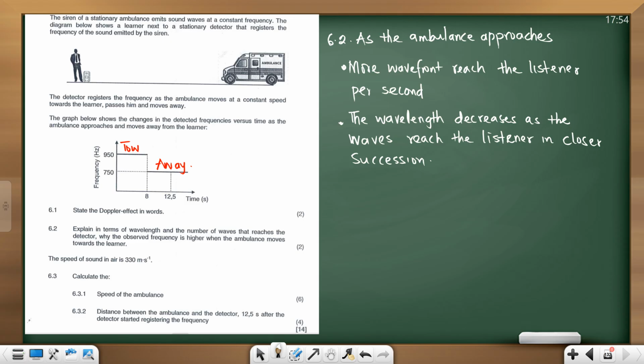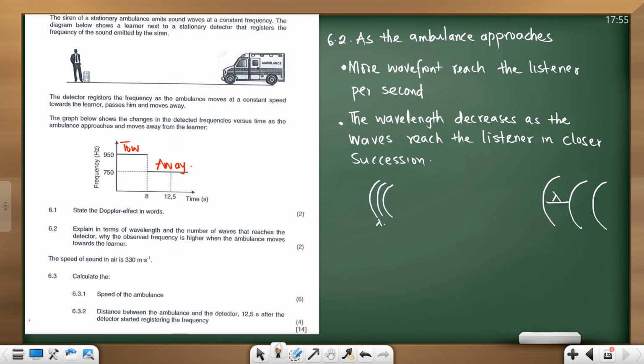So the waves are compressed. The waves coming are like this, but when they get here, they are not like that. You can draw that diagram to help you. These are the ones coming, but when they are hitting, because they are now close to each other, this is the wavelength. Can you see the wavelength here? It's now shorter. That's why the frequency becomes higher.